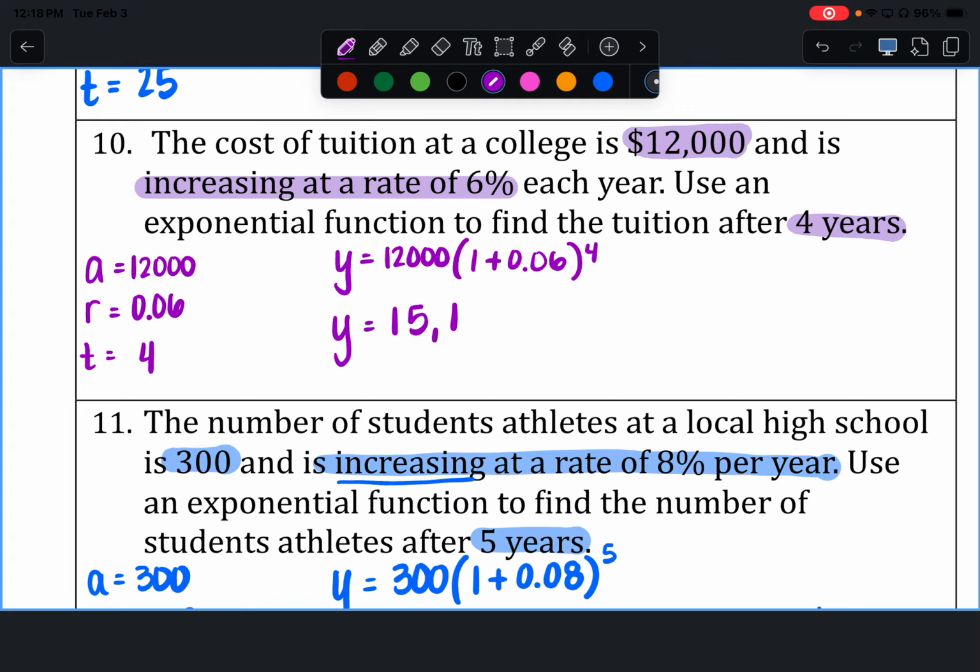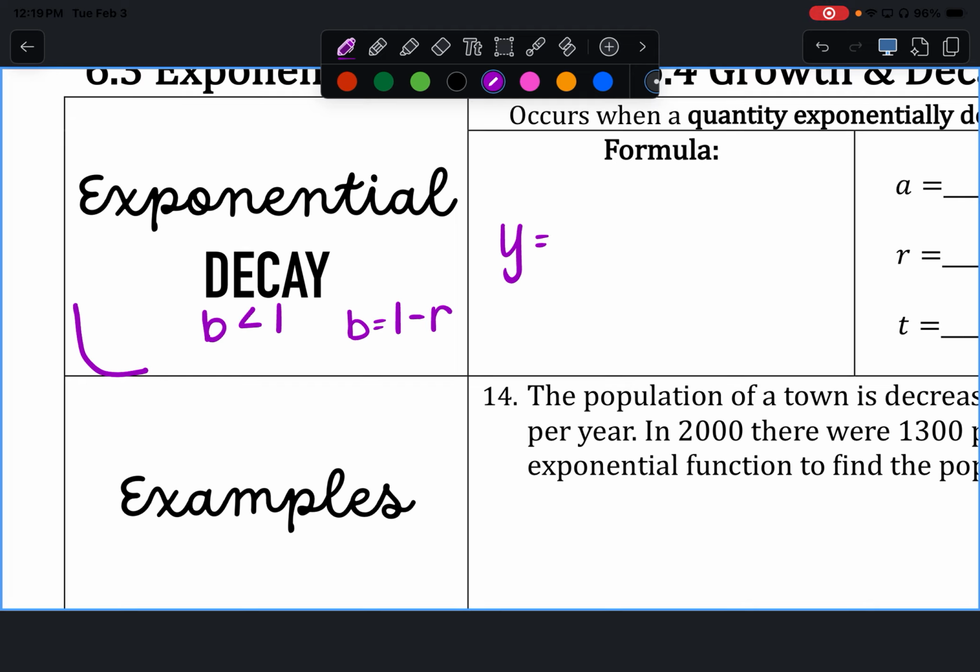So when we're finding our B, we're saying 1 minus that rate of decay. So the equation is y is equal to A times 1 minus R to the power of t. It's the exact same equation that we used for growth, except instead of adding, we have to subtract.